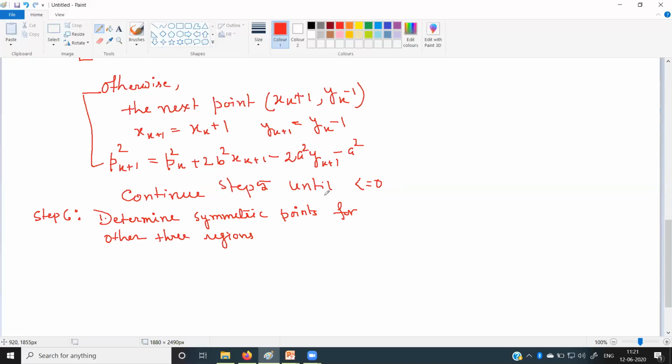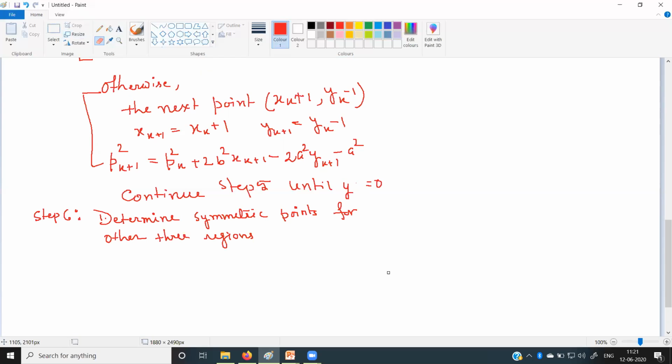We are increasing the value of x and decreasing the value of y, and when the value of y is less than 0, or basically you can also say if the value of y is equal to 0, I have to stop. Okay.